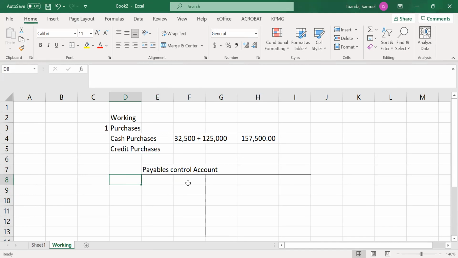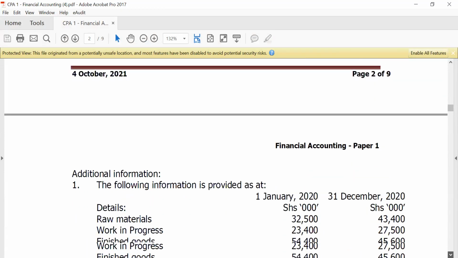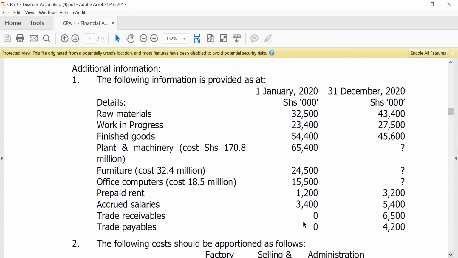So here, we are going to look at the balances brought down and the balances carried down. So when you scroll down here, for payables, the balance brought down is 0 as at 1st January 2020. And the closing balance is 4,200.